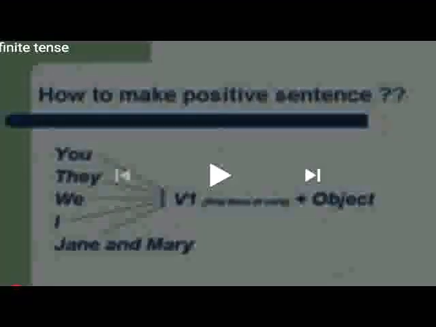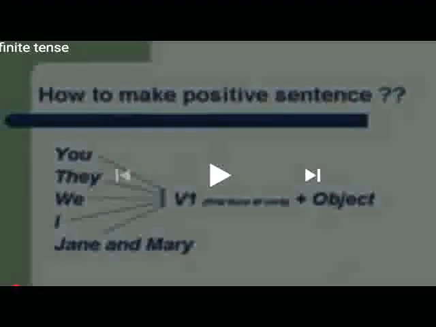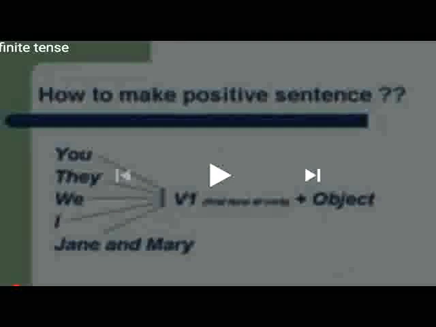We will use the first form of verb, and with he, she, it we will use s or es with the first form of verb. With you, they, we, and I, we will only use the first form of verb.